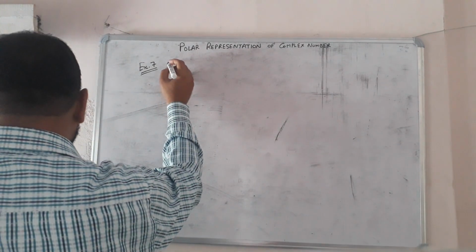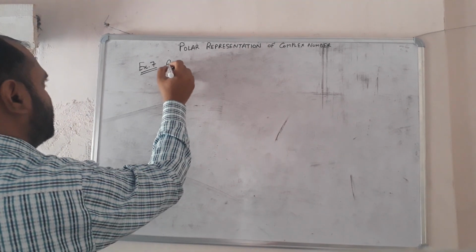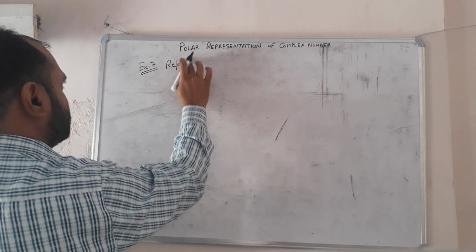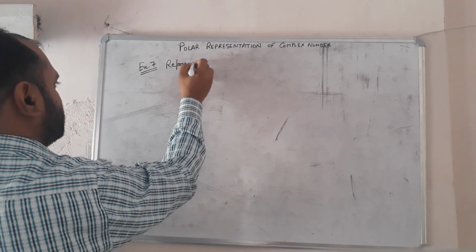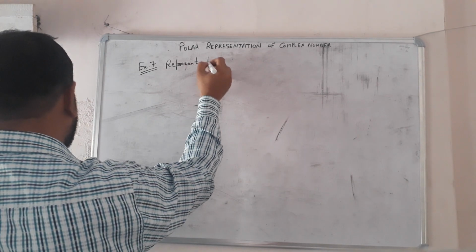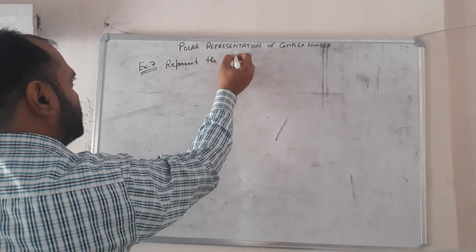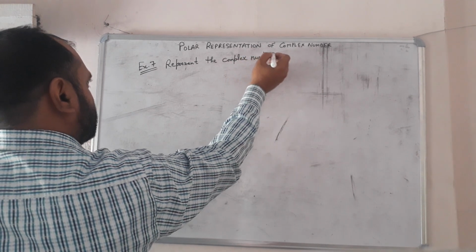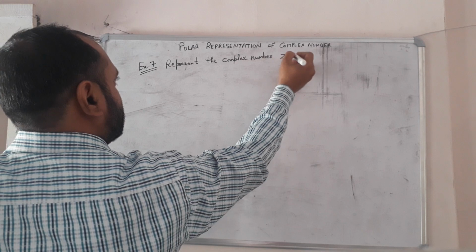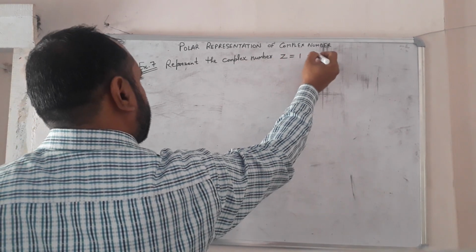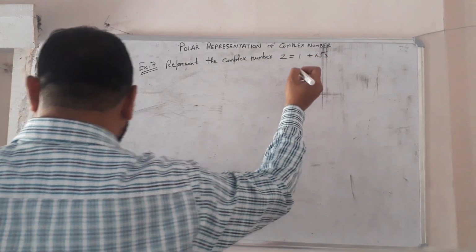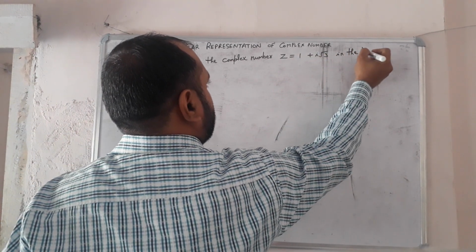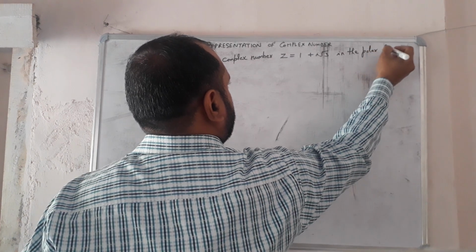Example number 7 is: represent the complex number z is equal to 1 plus iota root 3 in the polar form.